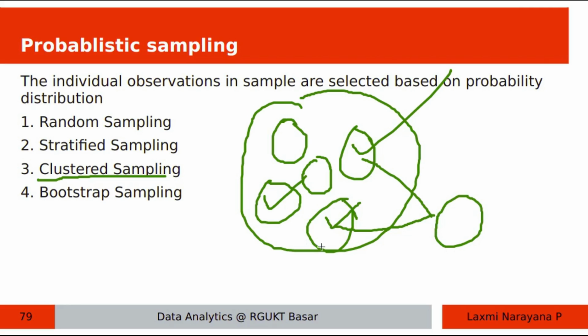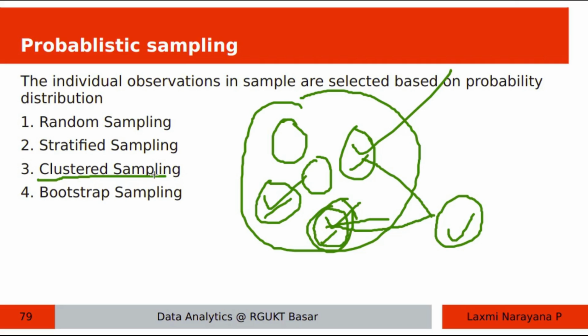If this cluster size is too long, you cannot include all the samples from this cluster, so you can apply random sampling within cluster and you can select some values from this cluster and you can include that in final sample. Major difference between stratified and cluster sampling is that in stratified sample, all classes will be presented in sample, whereas in clustered sample, only some clusters will be included in the final sample.